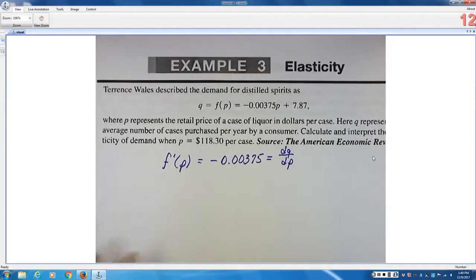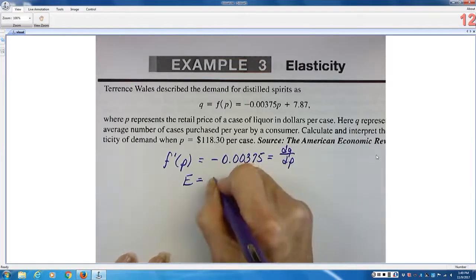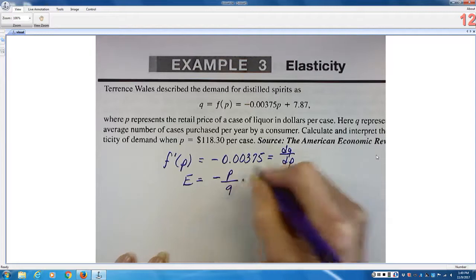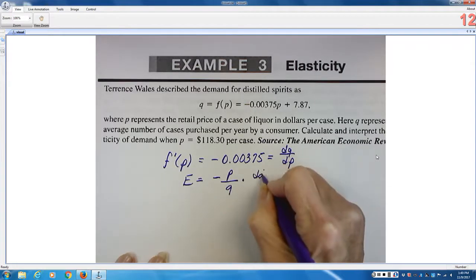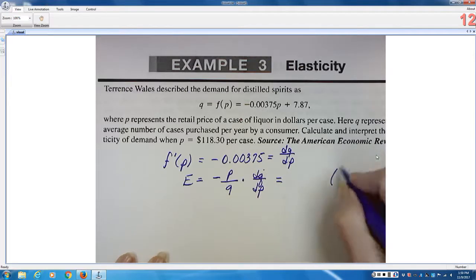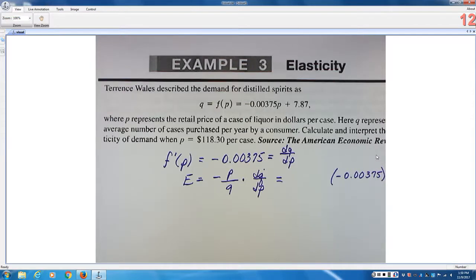So elasticity: the derivative is negative 0.00375, and P is $118.30 a case.